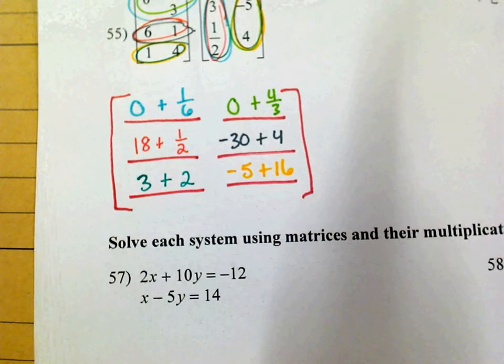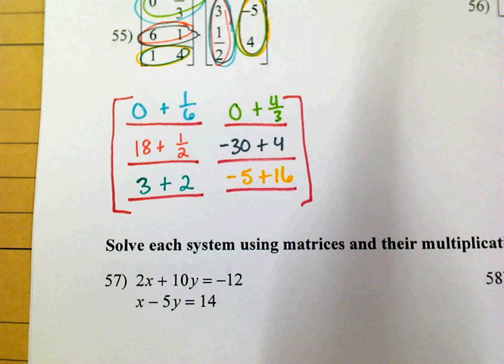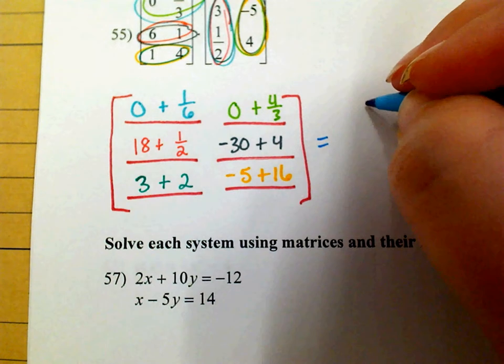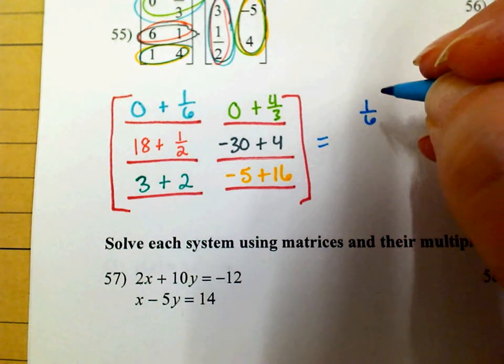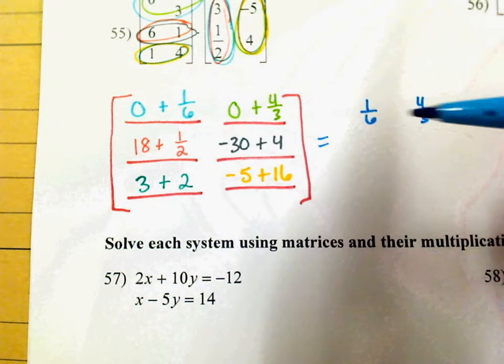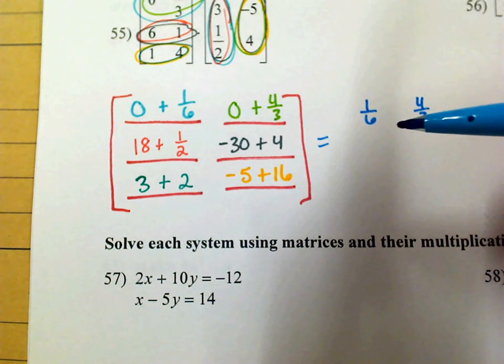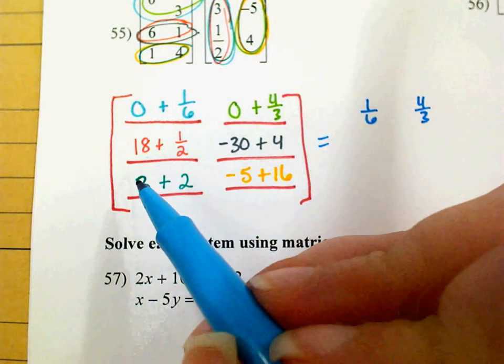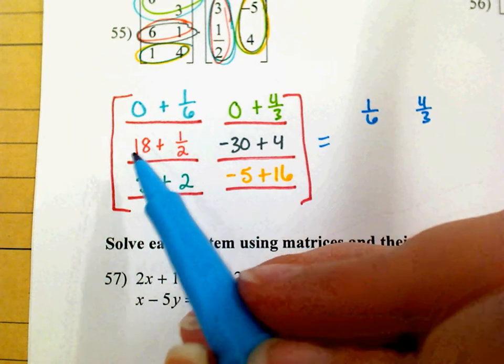So now I combine. What's 0 plus 1/6? What's 0 plus 4/3? What's 18 plus 1/2? What do I do? So 18 is over 1, right? So I need to find a common denominator.